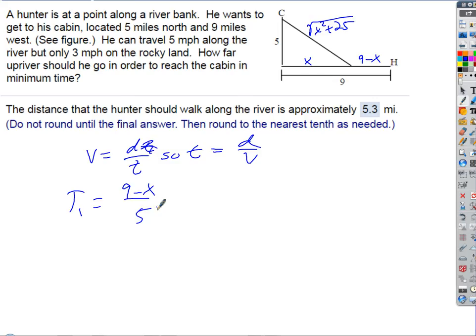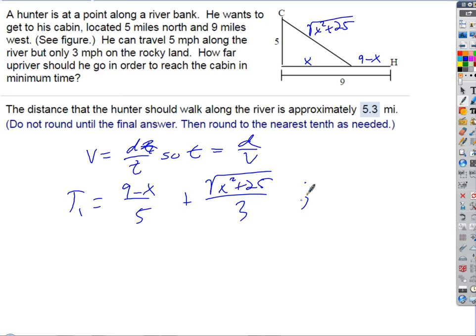That one's weighted by the speed. Plus this distance, the square root of x squared plus 25, divided by the speed along the land, which is 3.